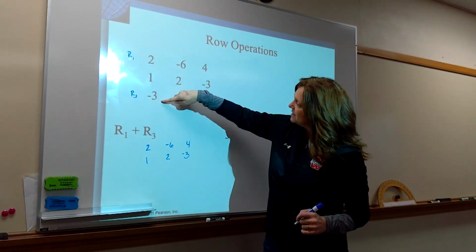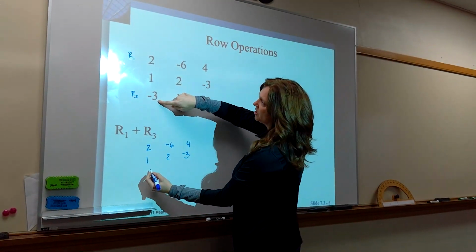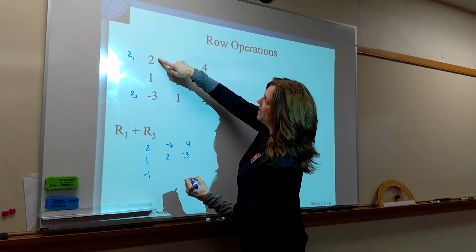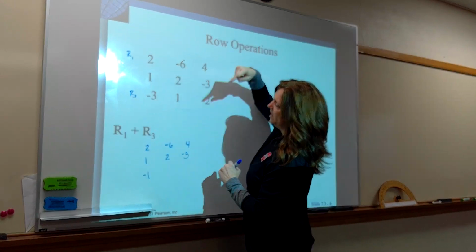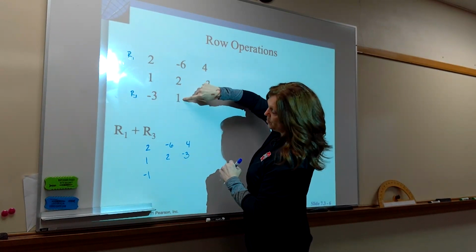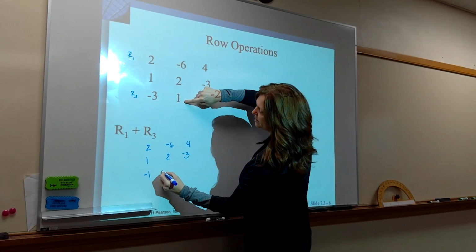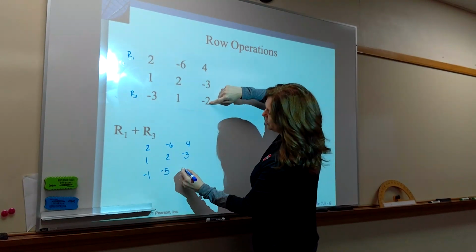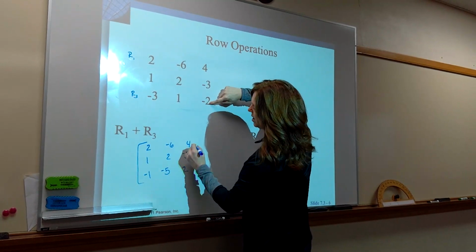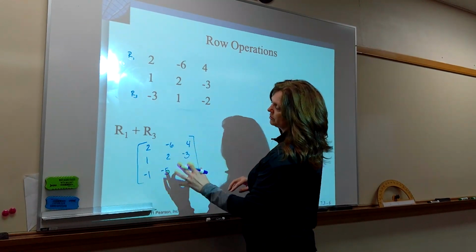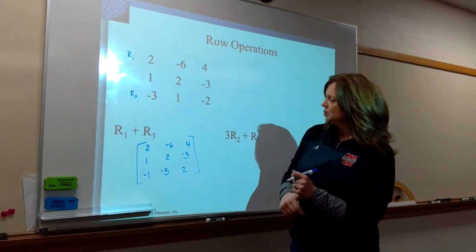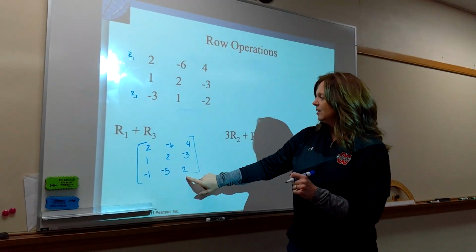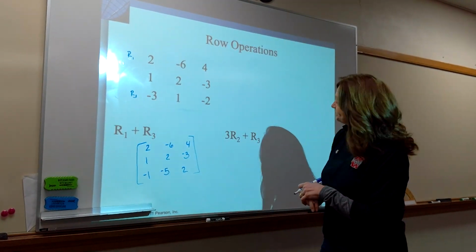But if I add it to this row, this is the row that's going to change. So that I would get a -1 if I add those two together. If I add this row with that row here, these elements, I would get a -5. And if I add this to that, I would get, what, a 2? Okay. So that row operation would generate this matrix. So you turn that into a -1, a -5, and a 2, and everything else stays the same.